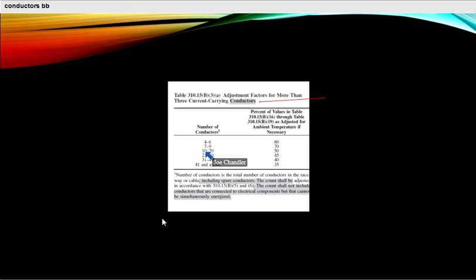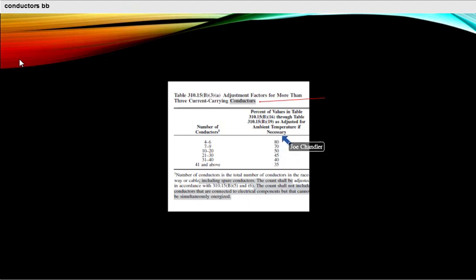Look what happens whenever you put 10 or more, 10 to 20, 50%. So as an example, if I had a raceway with, let's say, 11 wires and they had an ampacity of 100 amps, because I have put so many wires inside of this raceway, that 100 amp wire is now only good for 50 amps. So this makes a huge difference.